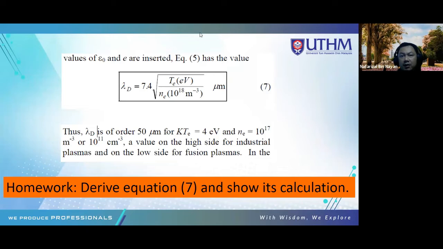Since we can know the value of epsilon and also the electron charge, we can simplify the value of lambda D. At the end, it becomes 7.4 times the square root of Te over ne. Te is the electron temperature inside the plasma, and ne is the electron density inside the plasma.